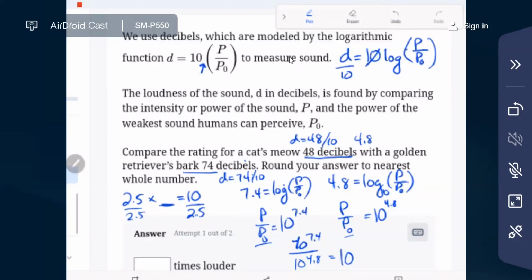And hit enter, and we get 398. So a dog bark is 398 times louder than a cat's meow.